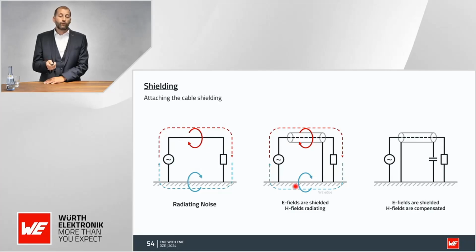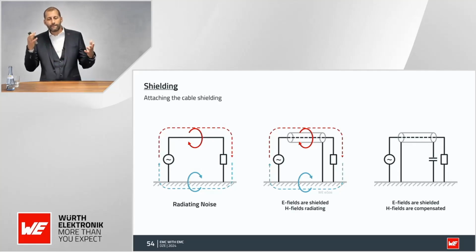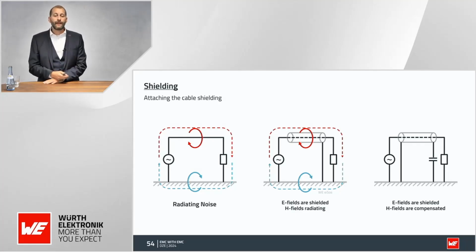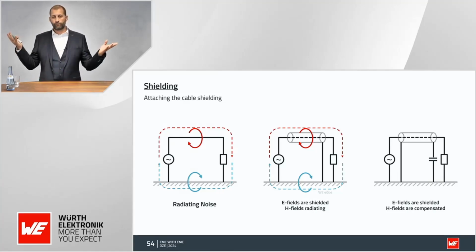So it will go directly back on the common ground, creating a big magnetic field. However, the inside and the outside are connected by a capacitance, whether you call it a stray capacitance or a parasitic capacitance. This will short circuit your electric field. So if you attach it on one side, the E-field shielding will work.